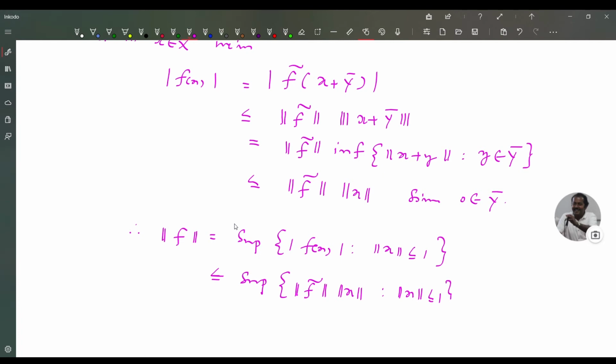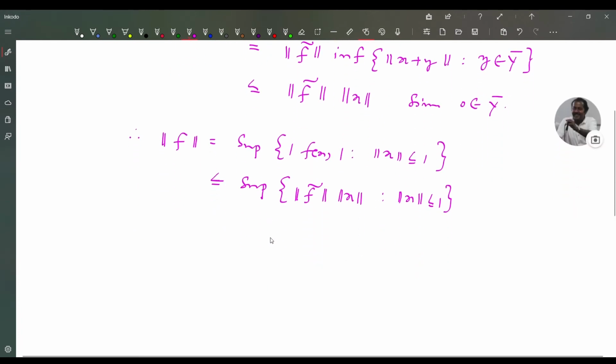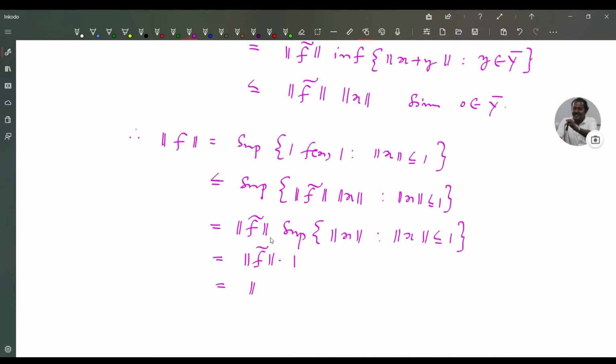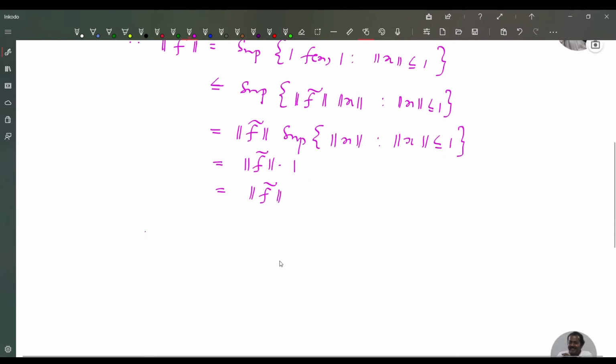So that is nothing but norm f tilde into the supremum of all norm x such that norm x is less than or equal to 1. So this is norm f tilde into 1, so this is norm f tilde. That is, we have norm f is less than or equal to norm f tilde. This is the first equation.